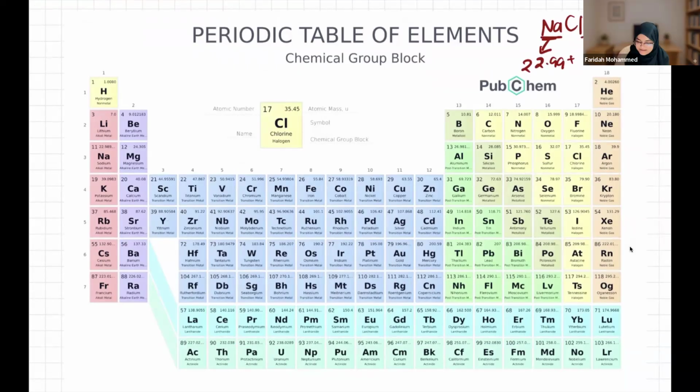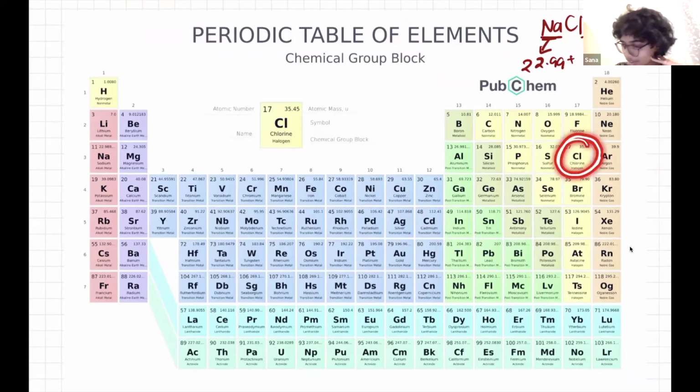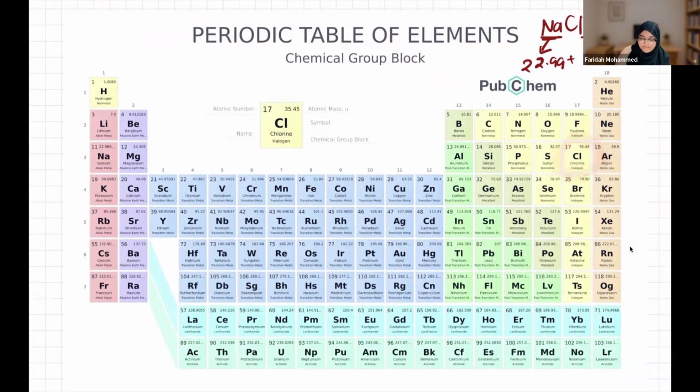That's okay. This is Cl. Anyone wants to help? Diksha? The molar mass for Cl is 35.45. And you add, and for the unit of molar mass, you're going to write gram per mole. The unit is gram per mole.